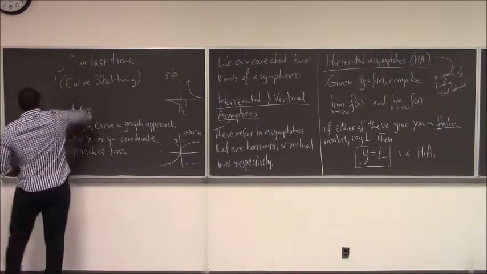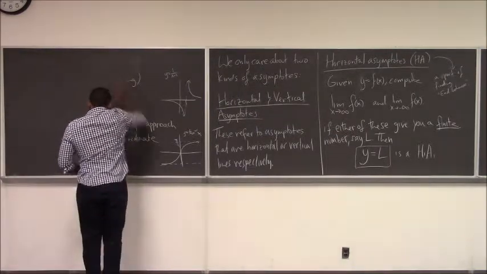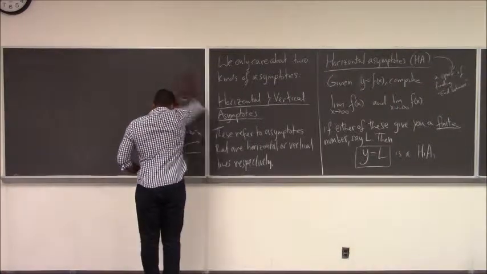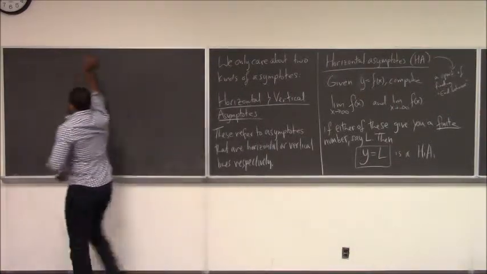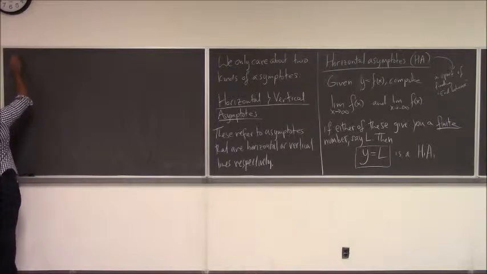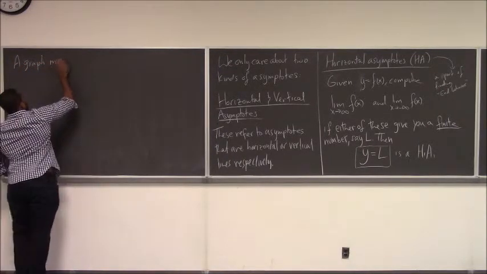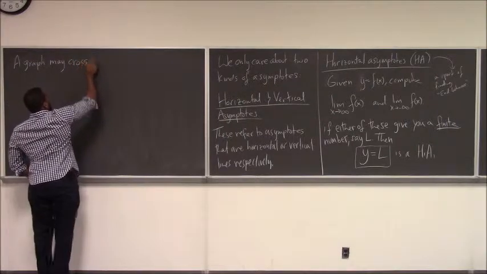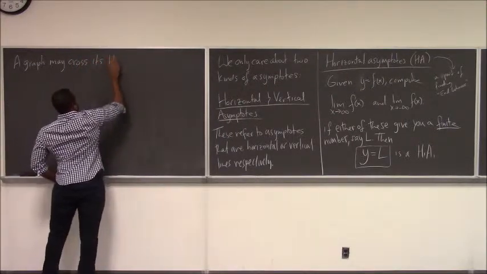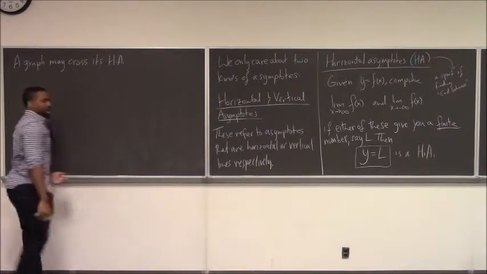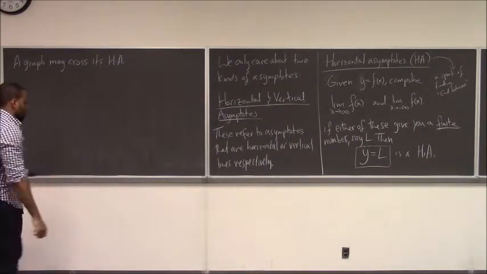One thing that does cause a little bit of confusion sometimes is that a graph may cross its horizontal asymptote, right? And that shouldn't be considered strange, okay?